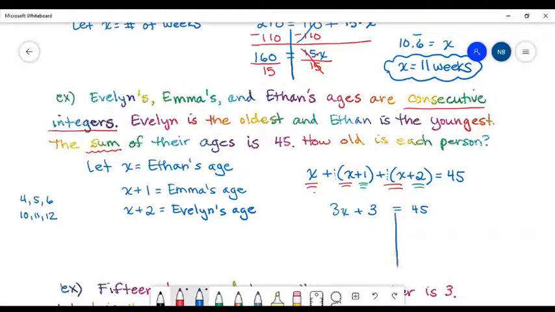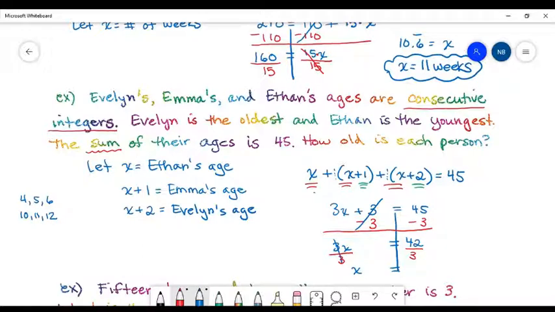This is a classic two-step equation. I'm going to zero out the 3 by subtracting it from both sides. You get 3x equals 42. I'm going to divide both sides by 3 because 3 divided by 3 makes 1.